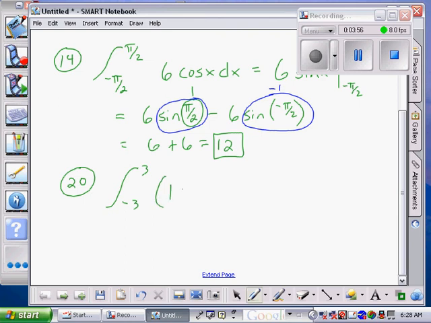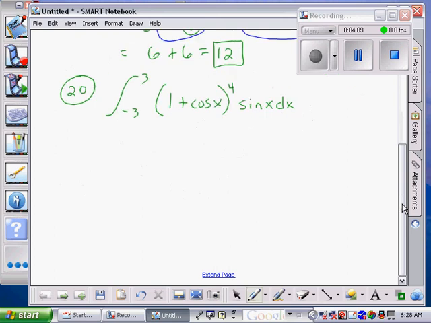And it has 1 plus the cosine of x to the 4th power, and then there's a sine of x dx on the outside. So what do you think here as far as u sub? Good. The part that's raised to a power is usually what we use for u. So 1 plus cosine of x.